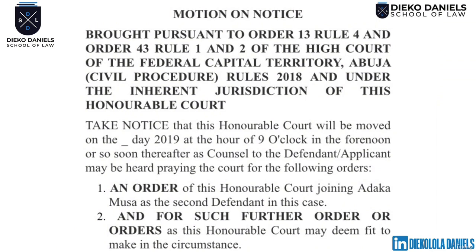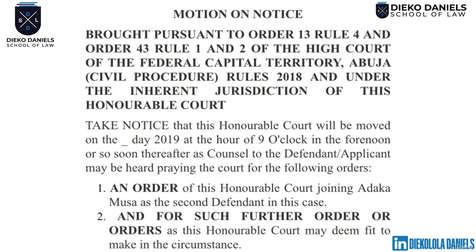The first one is the order of the court, the real one that told you to bring this application, right? Then the second is the general order that says all applications shall be through a motion on notice or a motion ex parte. Then the third one shall be under the inherent jurisdiction of the court.